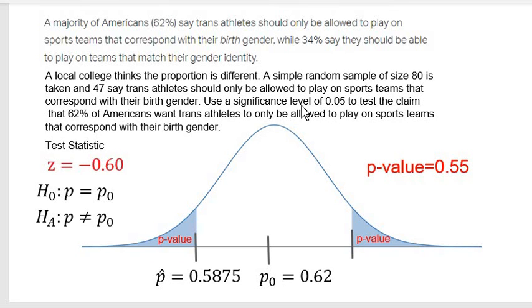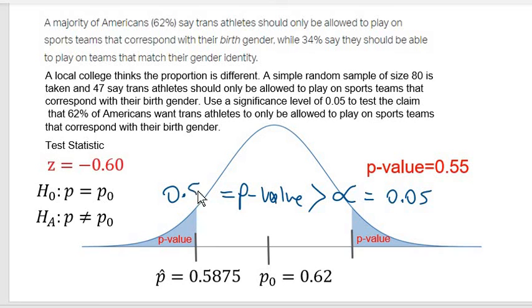So since I'm using a significance level of 5%, in this case my p-value is actually greater than my significance level alpha, which is 0.05, but the p-value is 0.55, which is much larger. If the p-value is bigger than alpha, we fail to reject the null hypothesis. We can't reject it. So the conclusion here is fail to reject the null hypothesis.